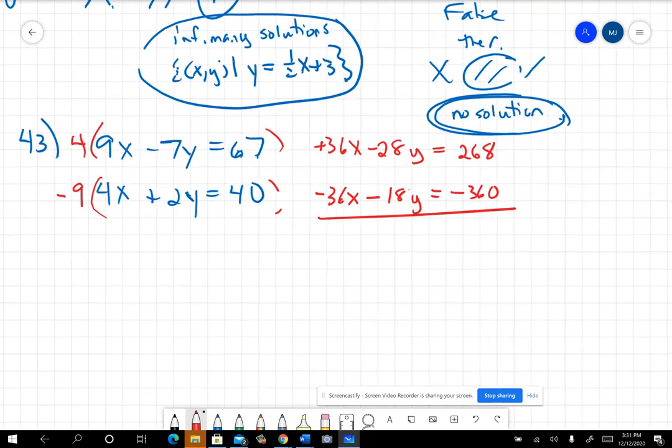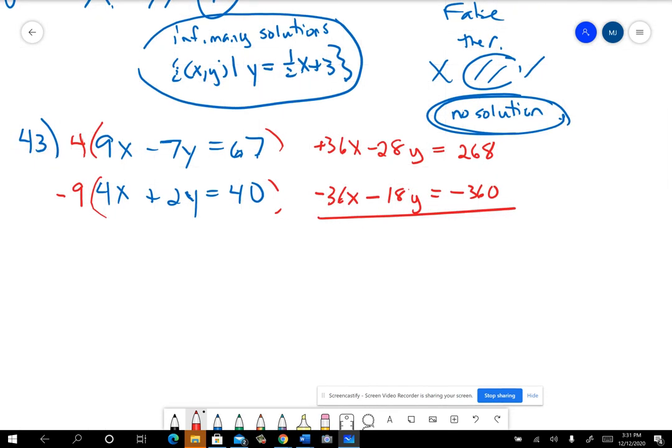So you could have eliminated the y's if you prefer, or you could just get rid of the x's. If you did what I did, the x's would go away. I'd have -46y, and then here, one's negative, one's positive. So I'm going to wind up having, what would that be? If I'm trying to subtract.